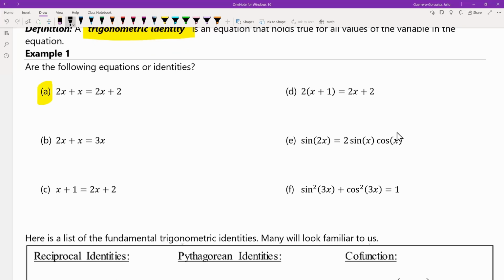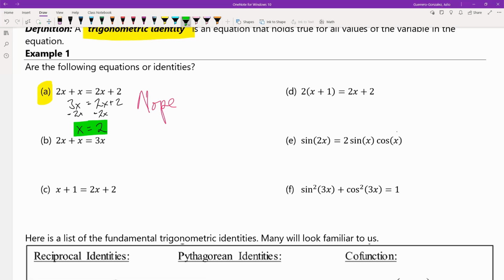On the left-hand side we have 3x, and the right-hand side still stays the same. If we solve this out, minus 2x, we get x is equal to 2. Bam. This is not an identity.